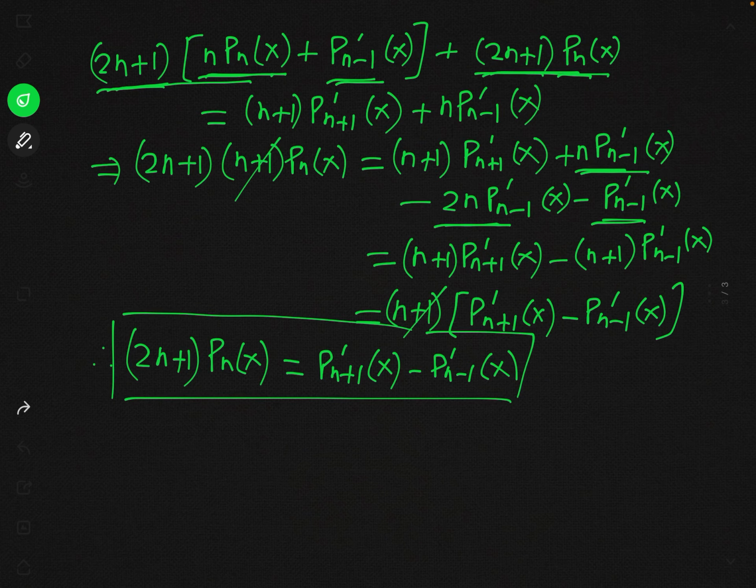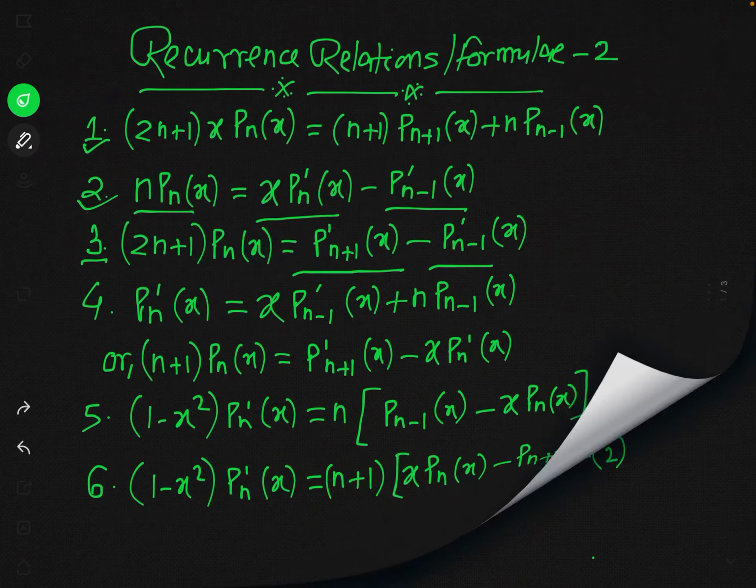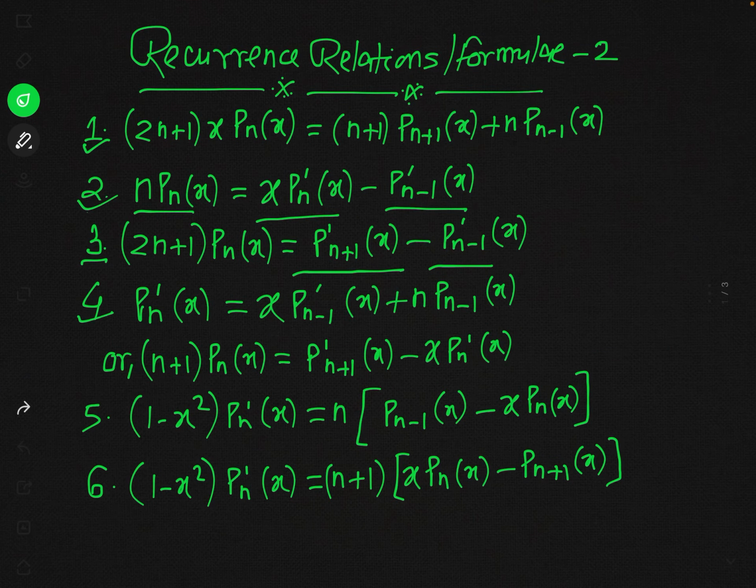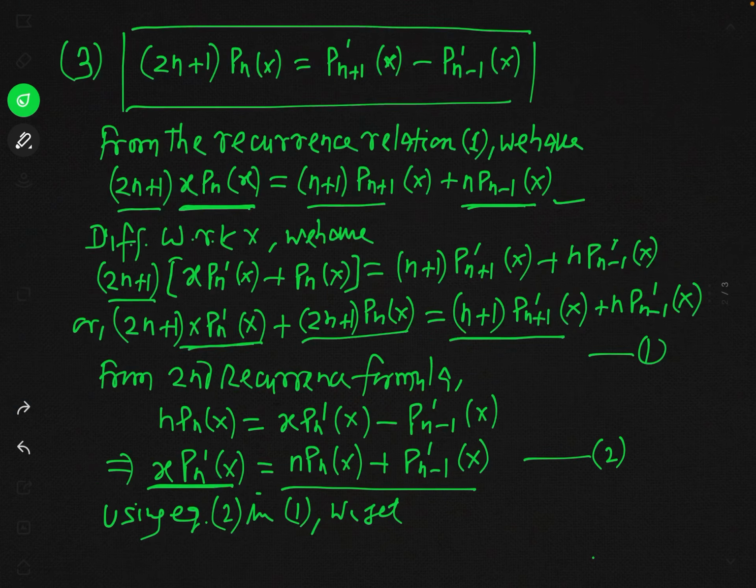So again I am writing here first of all what is this fourth recurrence formula or relation, and after that we will prove that. So see, I have mentioned here the fourth recurrence formula. You can see here this is Pn prime of x equal to this much. So I am again repeating this result here.